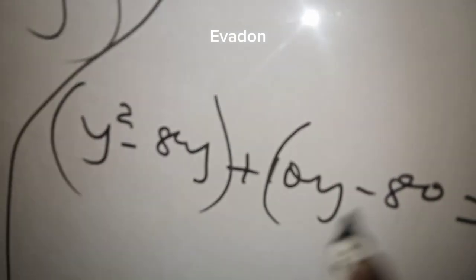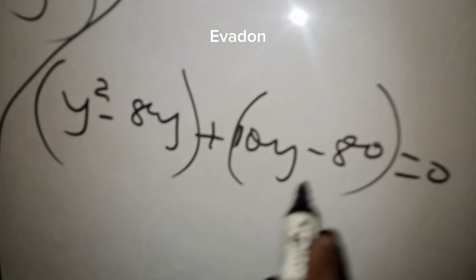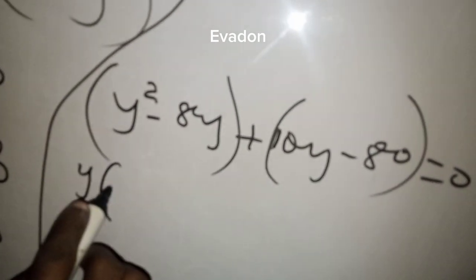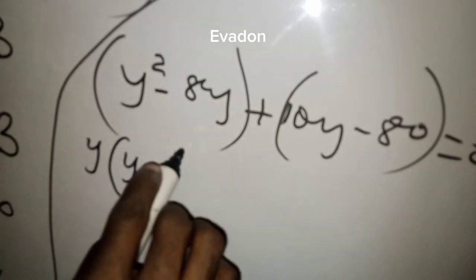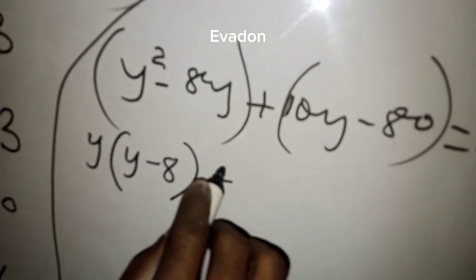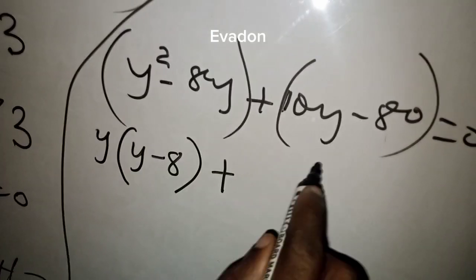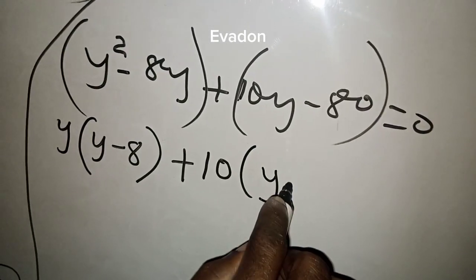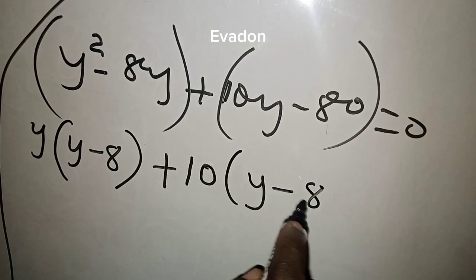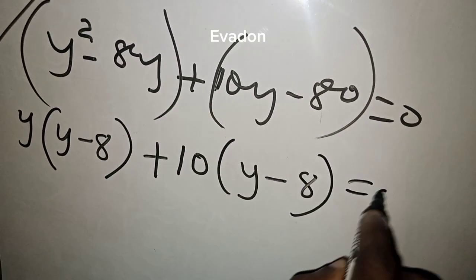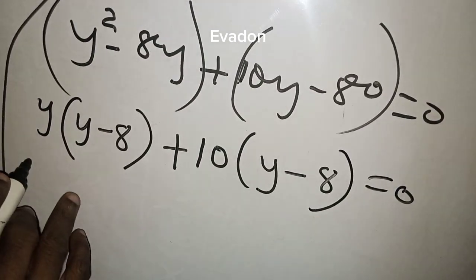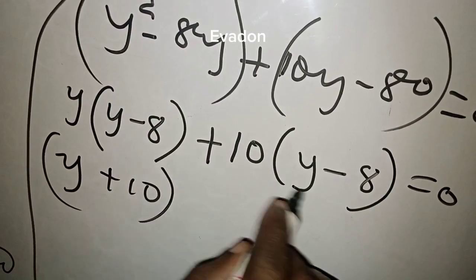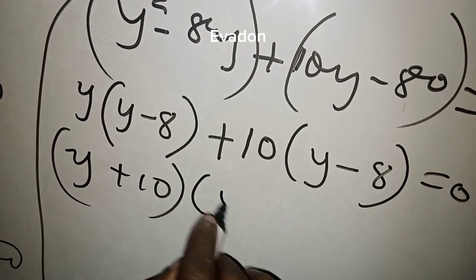When we factorize by grouping, what is common here is y. We extract y, so we have y minus 8. We come here, we write our plus. What is common here? We have 10. We have y minus 8, since 80 divided by 10 is 8. So that is equal to 0. So we have y plus 10, then you pick one of the brackets, y minus 8.